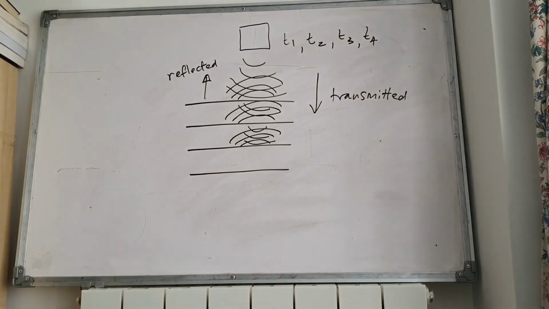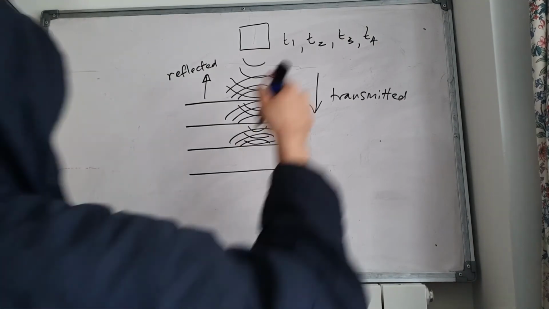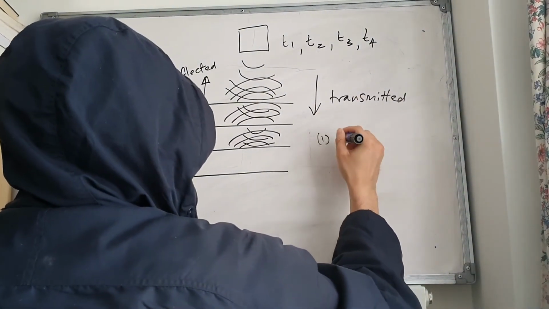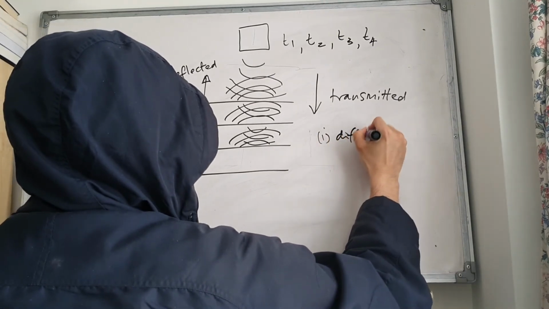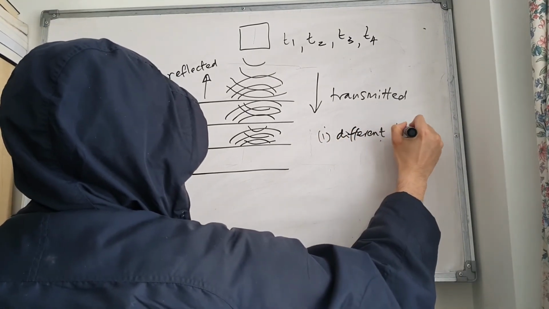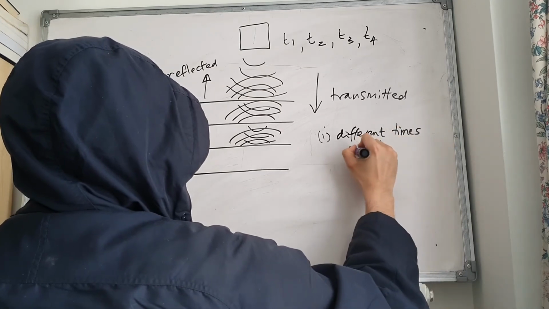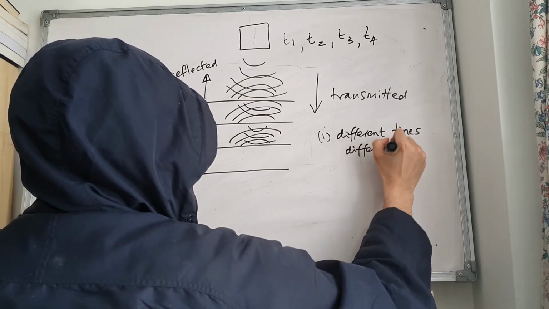So you have 4 different times, 1, 2, 3, 4. So different times and different peaks. So number 1, you can say that you have different times, different peaks.